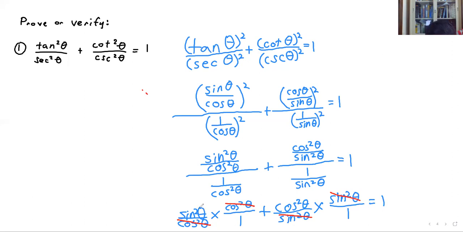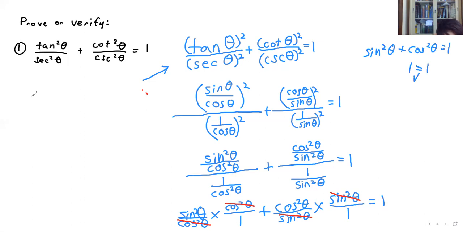So what's left is just sine squared theta plus cosine squared theta equals 1. Earlier we also saw that there's a Pythagorean identity, which is sine squared theta plus cosine squared theta equals 1. So we get 1 equals 1. So this is correct, for people who don't know how this happened.